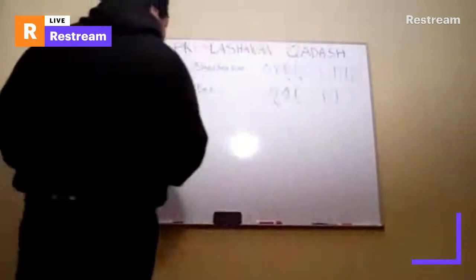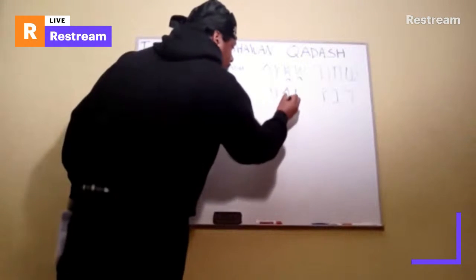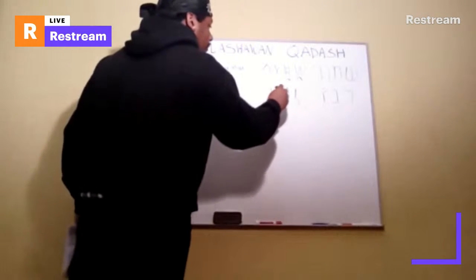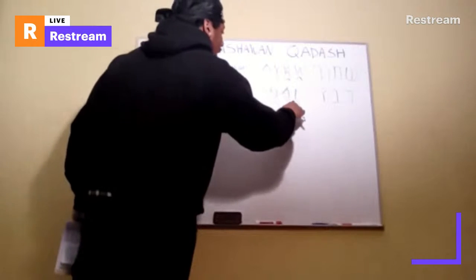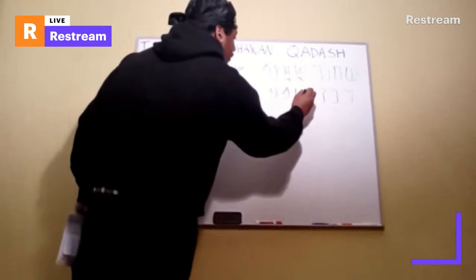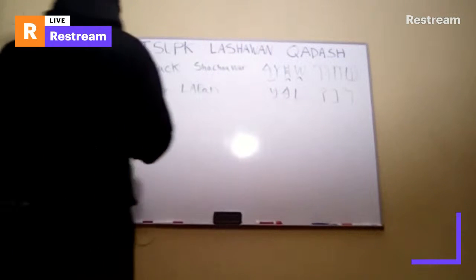White, Laban. The ba and nun sound connect at the end of the word, which brings a connector at the end of the word that looks like a happy face. Laban. Right?